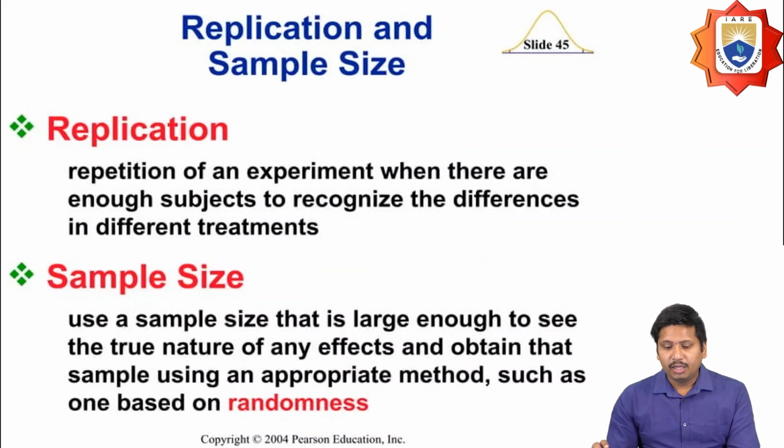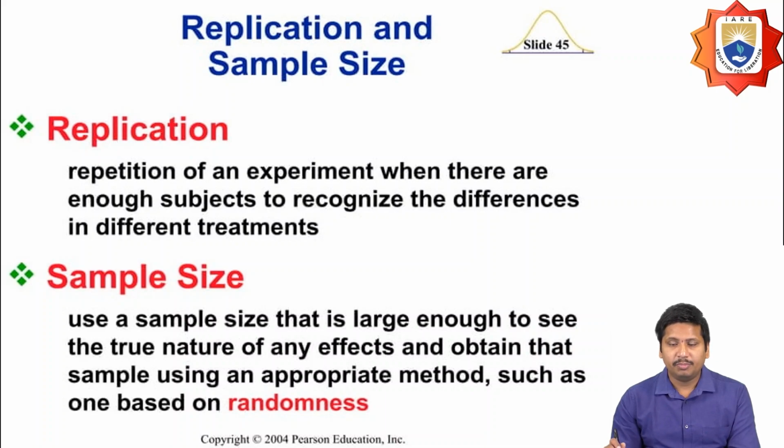And normally we see some terms related to sampling, which are replication and sample size. So what is replication here? Replication is an experiment where there are enough subjects to recognize the differences in different treatments.